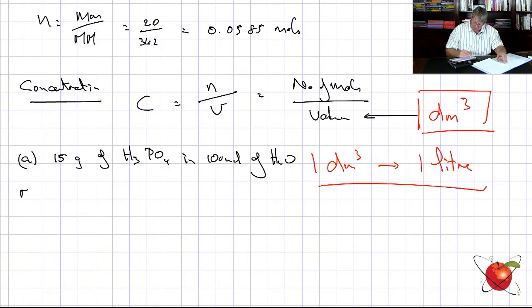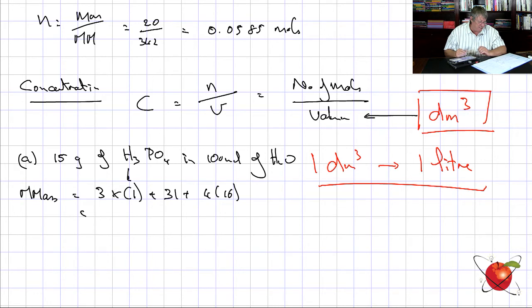Well, first of all, I've got to work out the molar mass, haven't I? Molar mass of H3PO4, I've got to do it from here because otherwise it takes too long, and you guys have already done this, I hope. Right, so let's have a look. Molar mass is 3 times 1, which is the hydrogen, plus P is 31, plus 4 times 16.